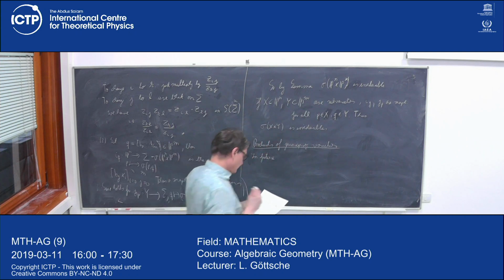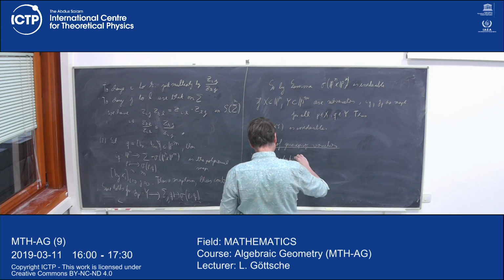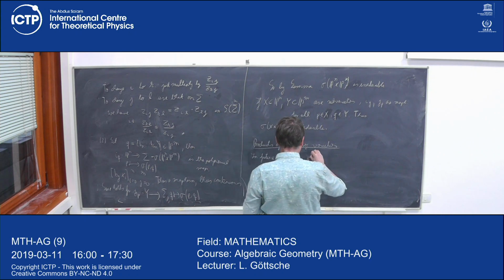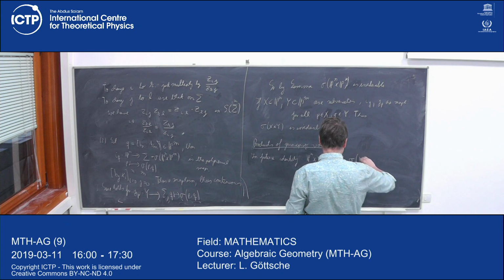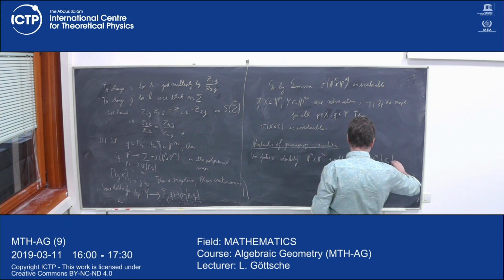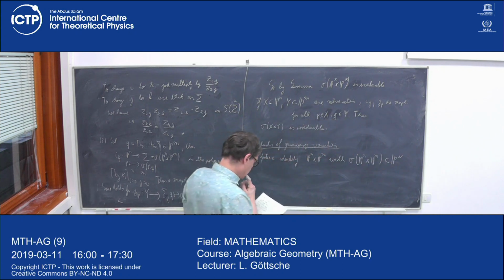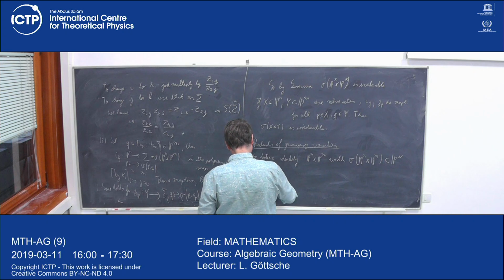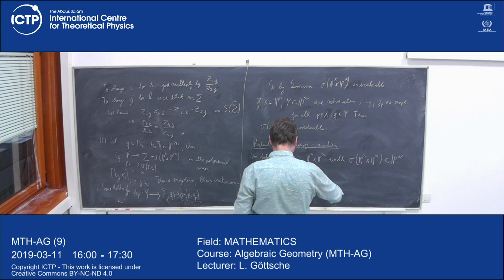In future, we identify Pn times Pm with sigma of Pn times Pm in PN, where N was this product. So thus Pn times Pm is a projective variety.